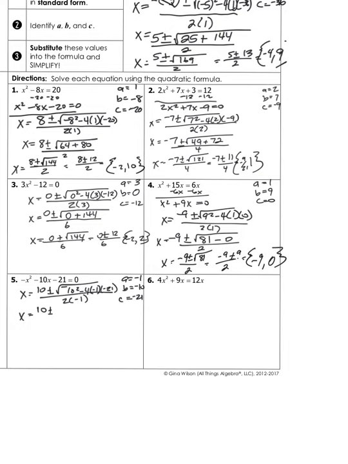So x equals 10 plus or minus, simplifying inside the radical now, the square root of 100 minus, let's see, negative 4 times negative 1 is positive 4. Positive 4 times negative 21 is negative 84, divided by negative 2. So x equals 10 plus or minus the square root of 16 divided by negative 2.